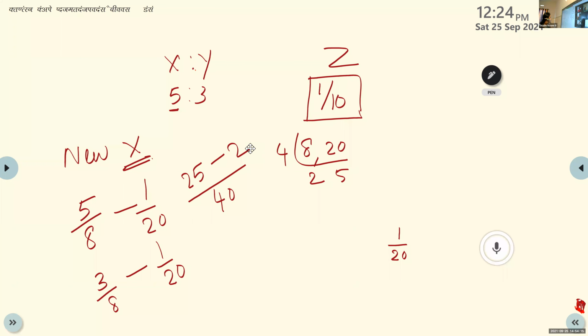Okay. Similarly, do the next one. So the answer is 23 by 40. Now the next one, again LCM is 40. 8 into 5, 40. 3 into 5, 15, minus 2. That is equal to 13 by 40.